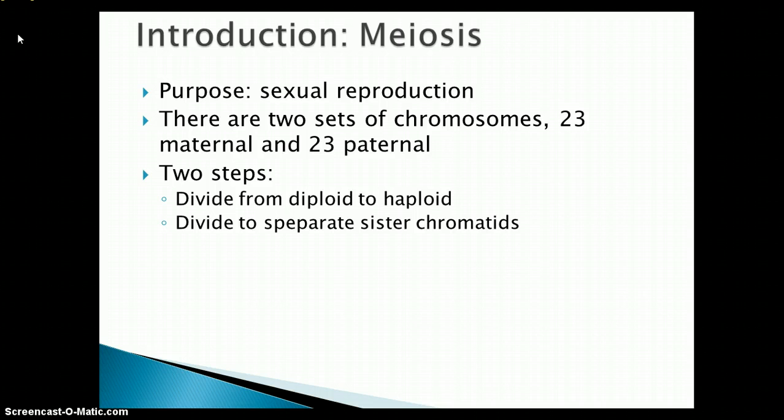The first goes from one diploid cell into two haploid cells, where the homologous chromosomes are separated. And in the second step, it becomes 4 different daughter cells, and then the sister chromatids separate. So it goes from haploid to an even simpler haploid, which I'll get into later.